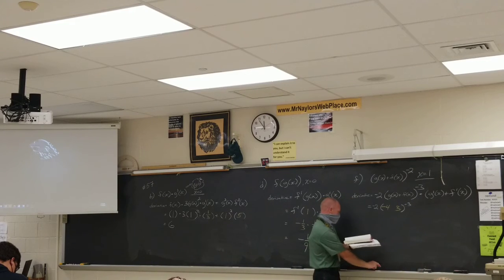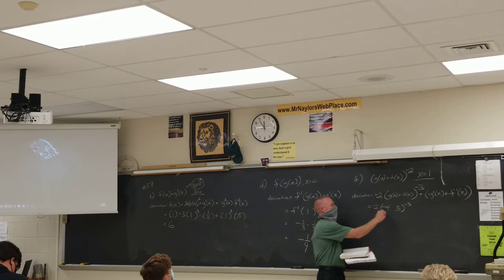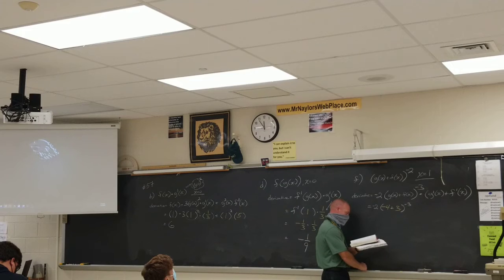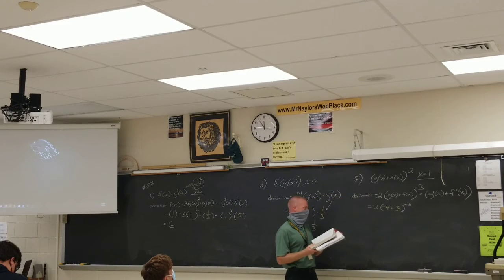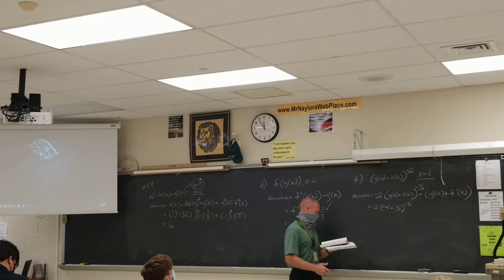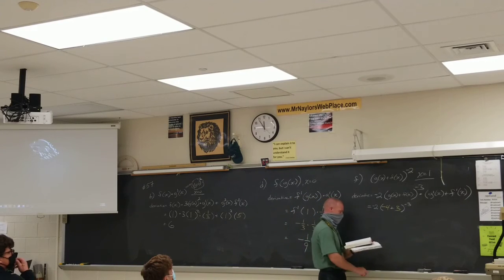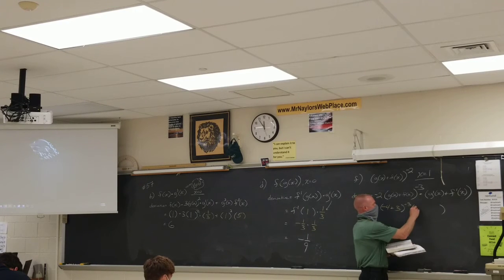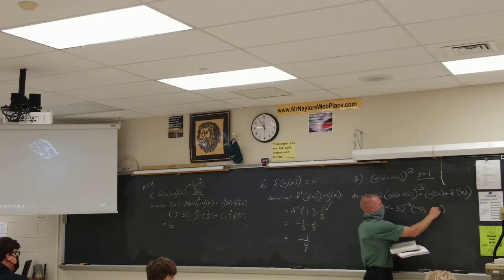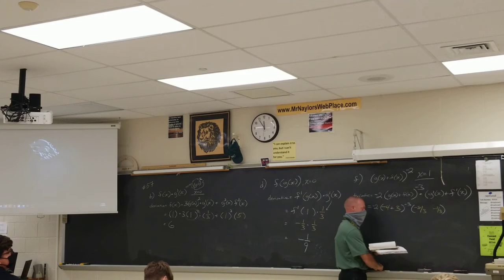Those two numbers should find themselves on the inside. That would be g and f. And then negative 8/3 and negative 1/3 will find themselves on the outside.